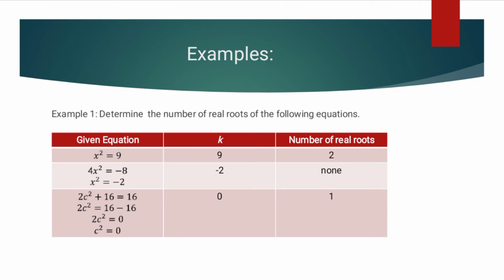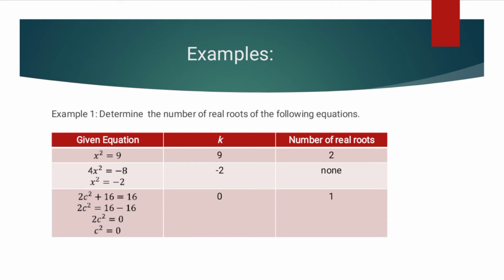Next example. 2c squared plus 16 equals 16. Simplifying the equation, we can apply the addition property of equality. So it will give us 2c squared equals 16 minus 16.